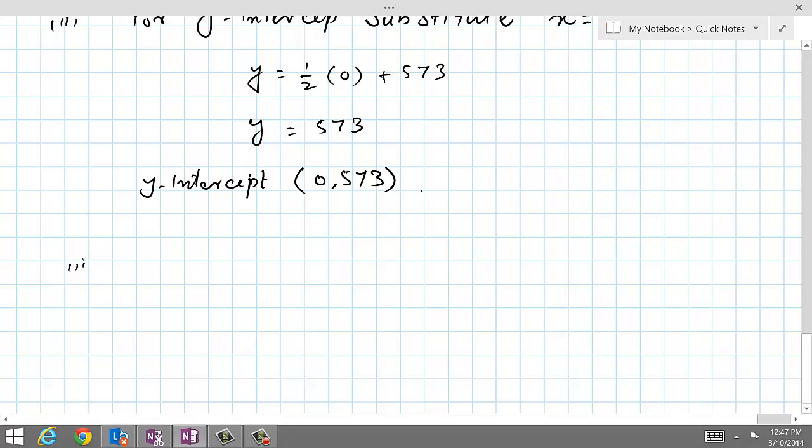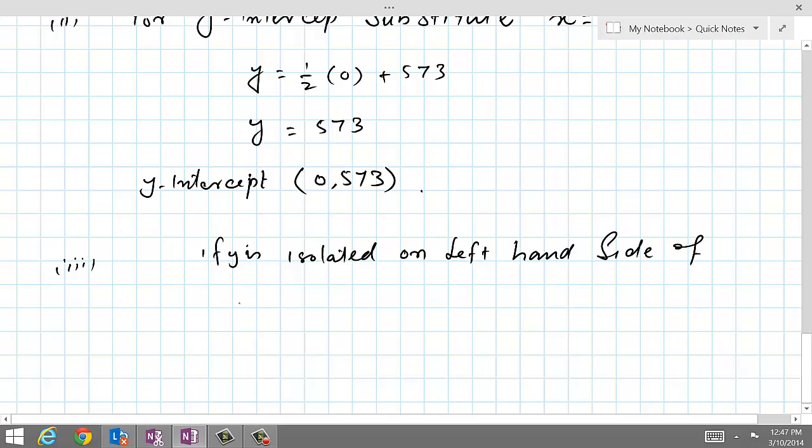And third, for finding slope, whenever y is isolated on the left hand side of the equation, then the coefficient of x is equal to the slope of the line.